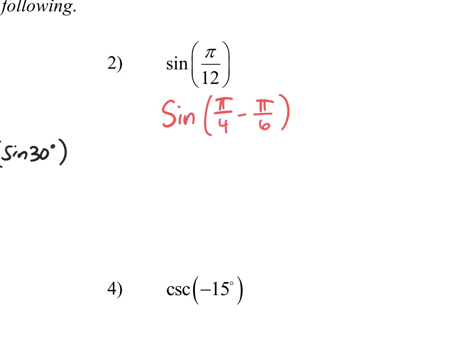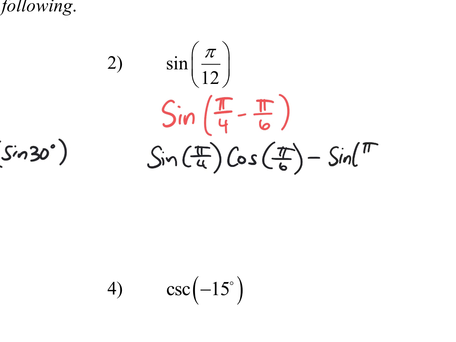That's going to get me the sine of pi over 4 times the cosine of pi over 6, minus the sine of pi over 6 times the cosine of pi over 4. And now I'm just evaluating.